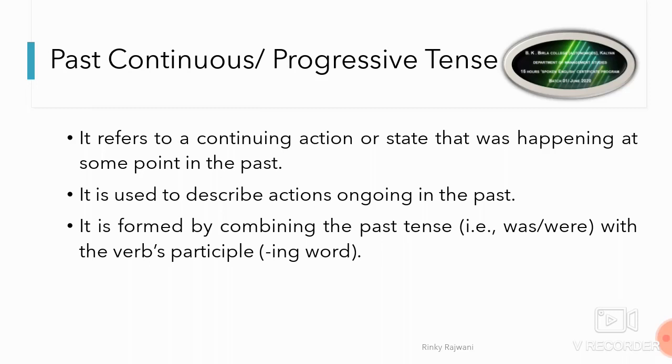It is formed by combining the past tense with verb's participle. So you have to combine the word past tense. Now which are past tenses? Like was, were. So whenever you are using singular, like I. If I am talking about I, so I was doing this work.